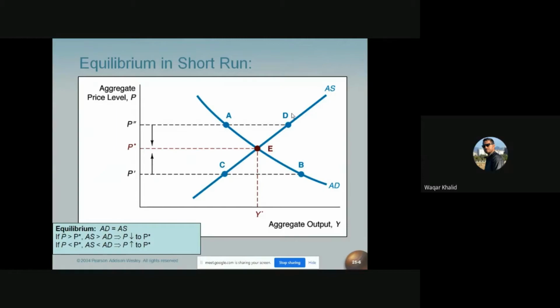If P double dash is greater than P star, we can say that the quantity of aggregate output supplied at point D is greater than the quantity of aggregate output demanded at point A.